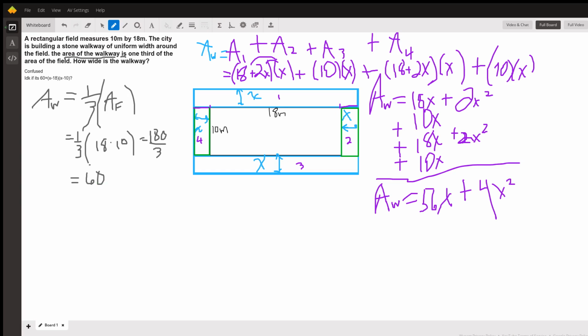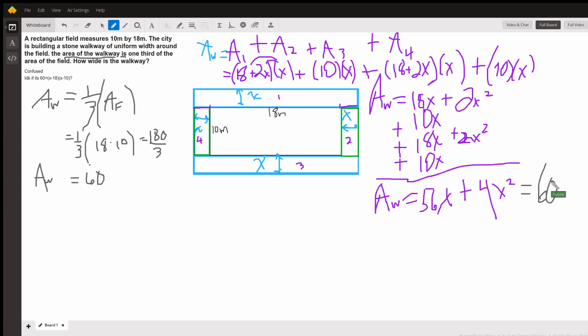So what we need to do now is put this all together. We need the area of the walkway to equal 60. So we need this to equal 60.